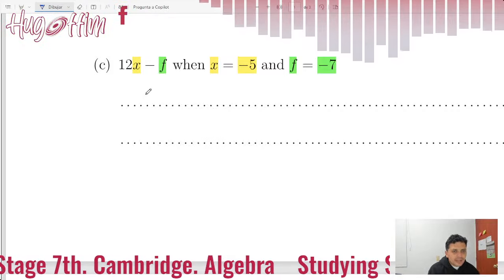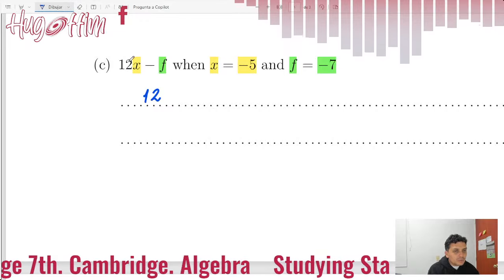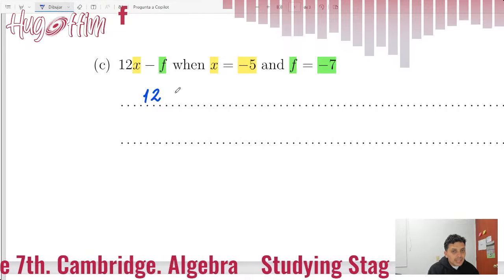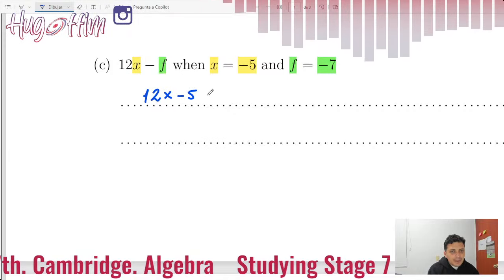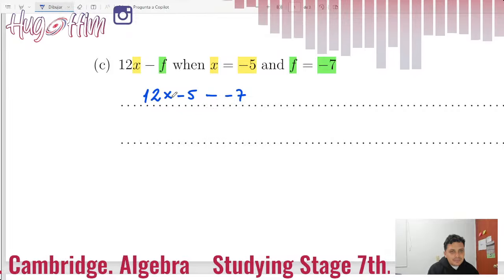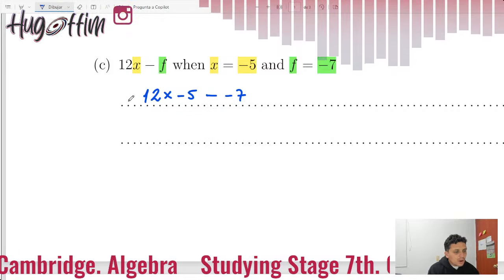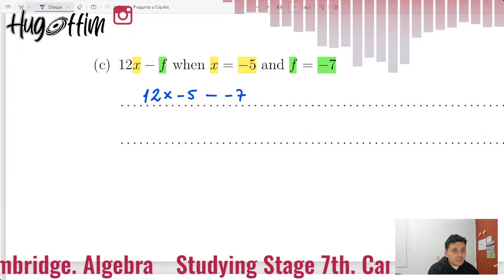So basically what I need to do is 12. Remember that in algebra, if the variable comes with a coefficient, it means that this is a multiplication. So actually here what I'm doing is 12 times -5 minus f, that is -7, minus -7. Okay, so I'm going to perform this operation. Remember that multiplication should go first.